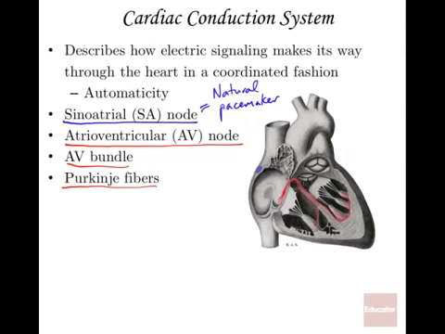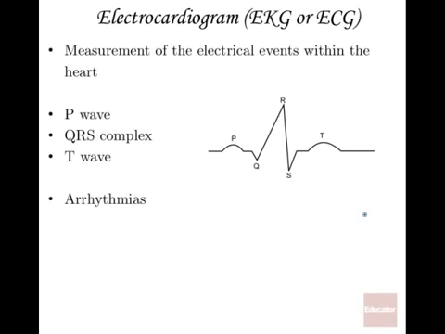An EKG or ECG stands for electrocardiogram. The English abbreviation would be ECG. EKG comes from the German for cardio. You can use either one. EKG and ECG is the same thing. This is a measurement of the electrical events within the heart. And when we look at one single beat, there are a few different points. They call them waves. The P wave, let's do that in red, right here.